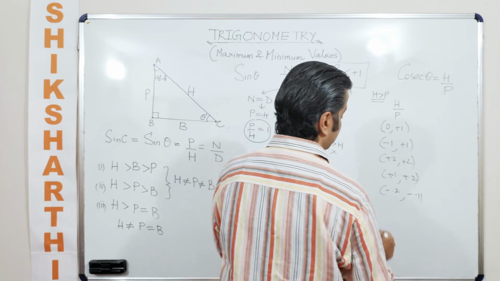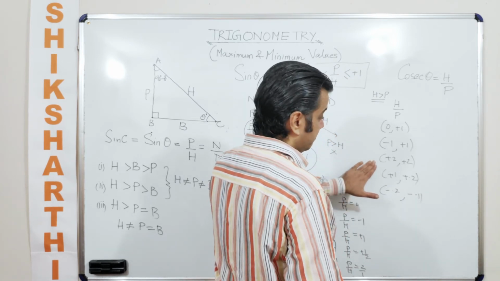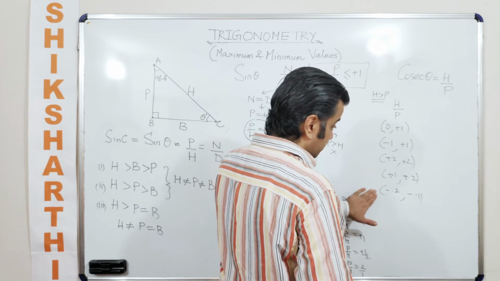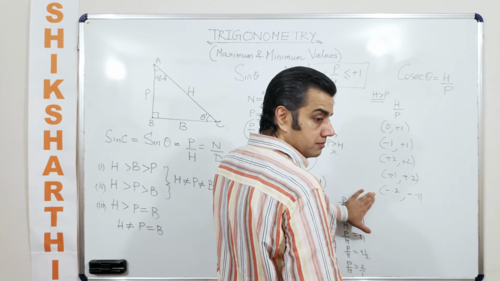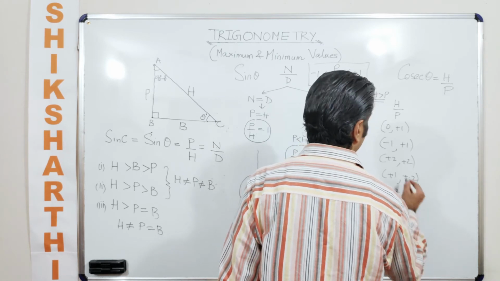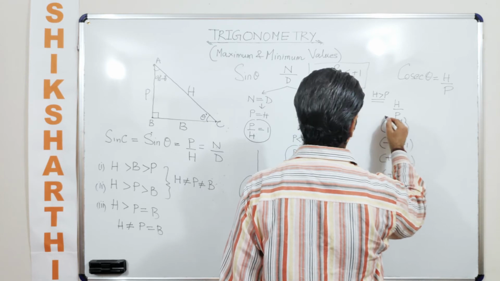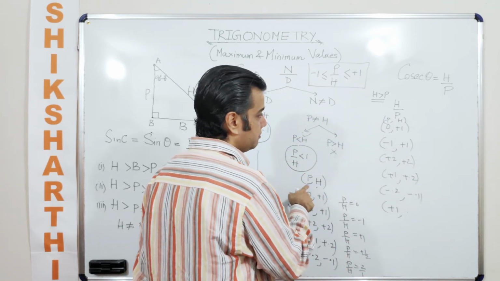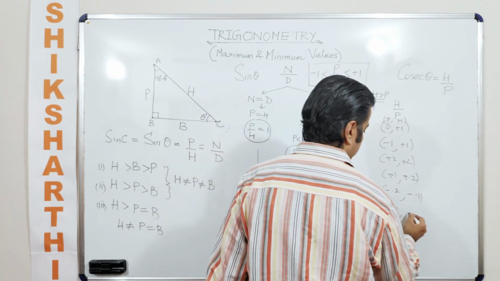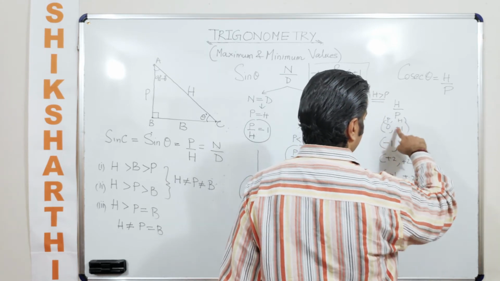What is the objective? You're taking one of them as negative and the other as positive, both of them as positive, both of them as negative. Let's take one more case, and we are taking it as P comma H. So how much is H by P here?